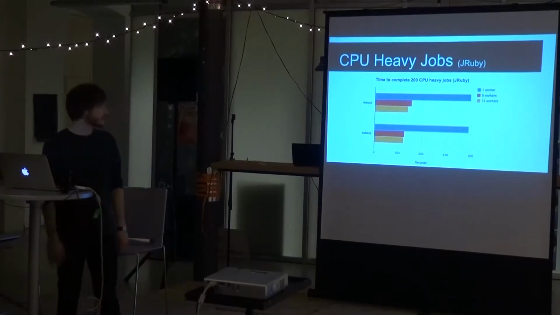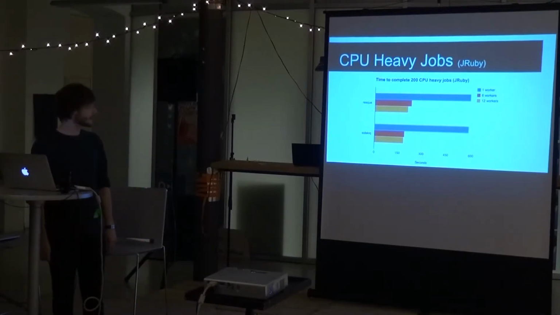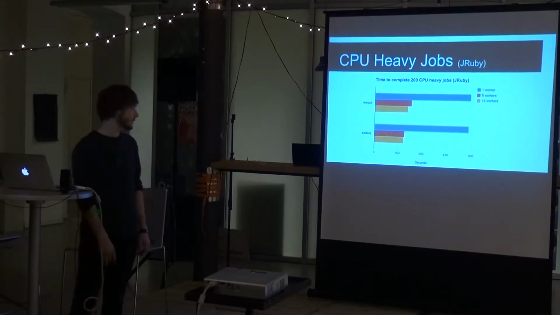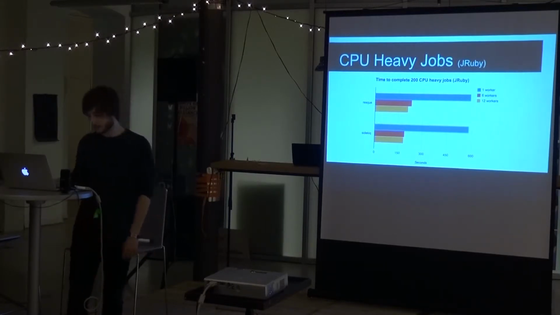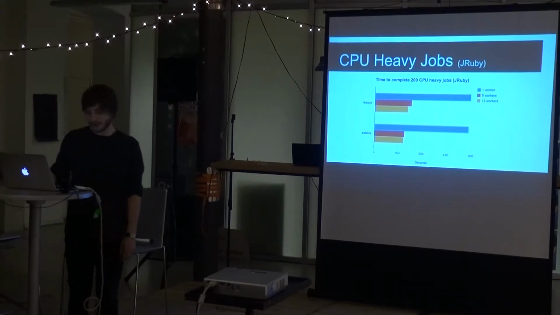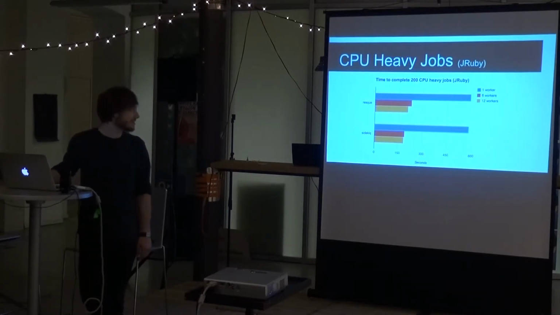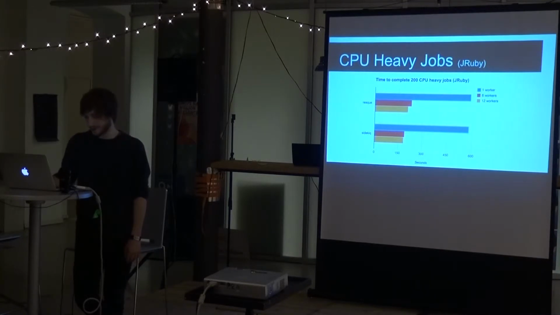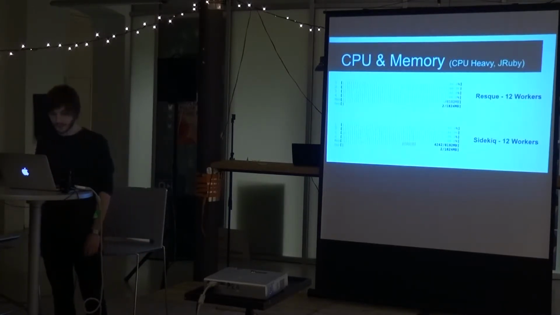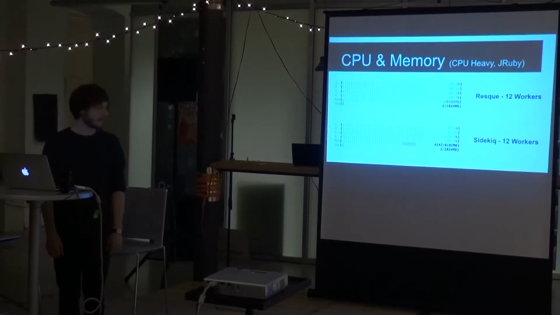So now it just got real. After we switch to JRuby, we can see Sidekiq performs faster even for CPU heavy jobs. And it's faster than Resque, of course. Unfortunately, I didn't manage to get Delayed Job working on JRuby for some reason, but it's not so important here.